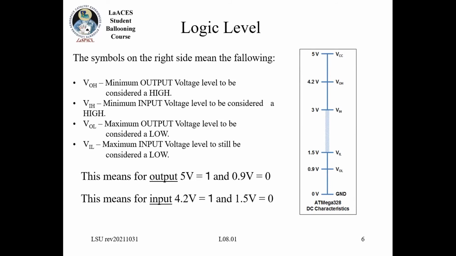Like I said, it makes sense that all of the outputs are to the extreme, closer to the 0 or the 5 compared to the inputs, right? Because the circuit should be designed so that it will read its own highs as highs, and its own lows as lows.